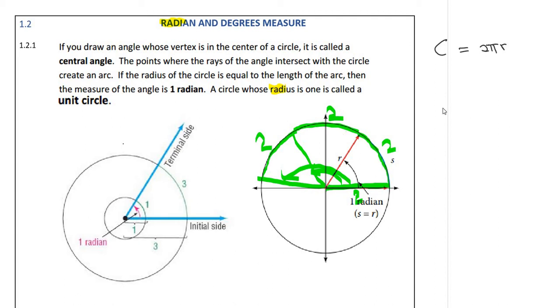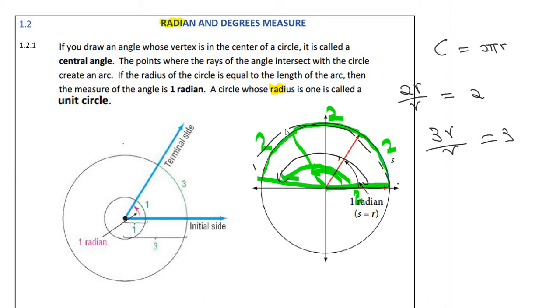So if I go once and I divide by the radius, I will get 1 radian. If I go 2 radii and I divide by the radius, then I have 2 radians. If I go 3 radii and I divide by the radius, I get 3 radians. So that's how I find the angle.